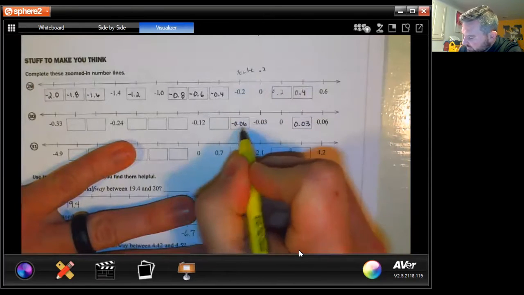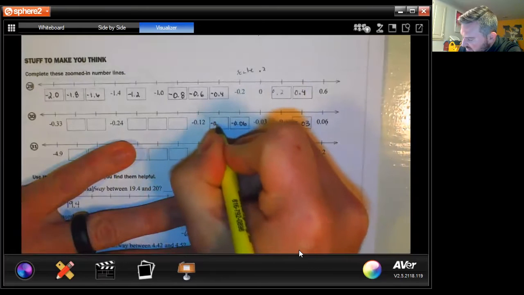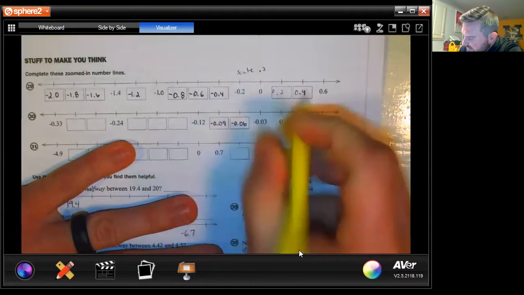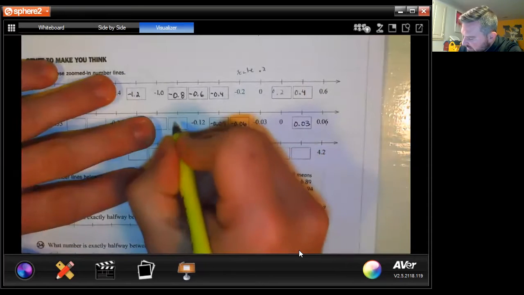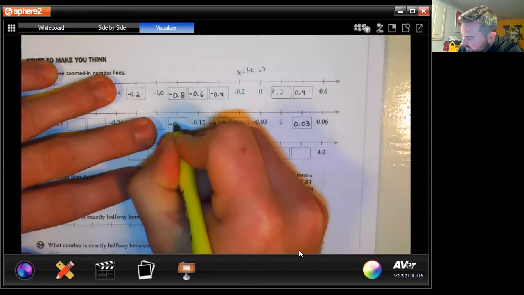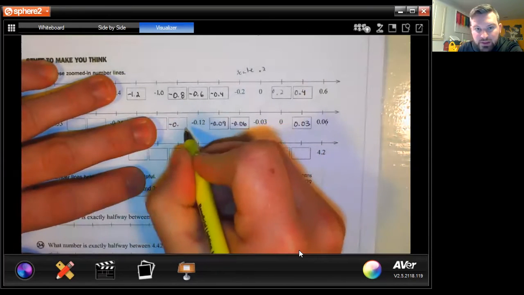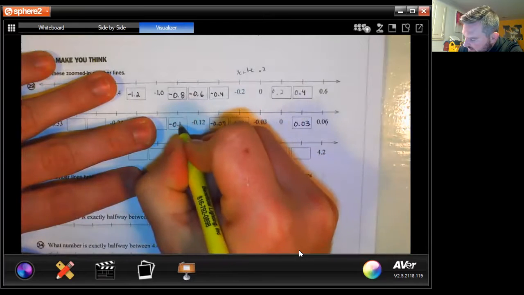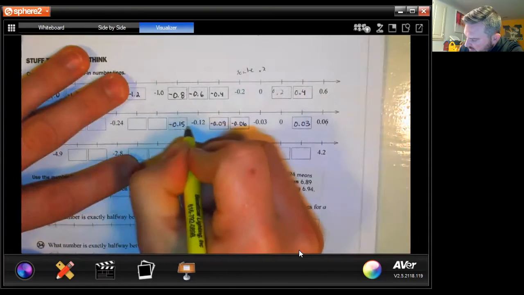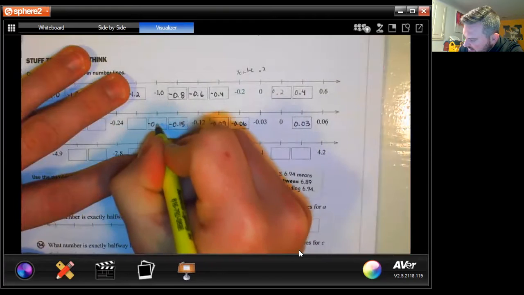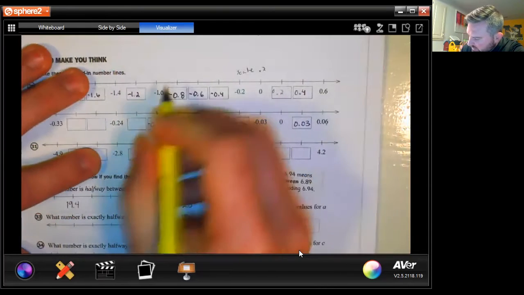If you go 3 more, that's negative 0.09. So you got the 3, 6, 9, 12. Then 12 would be 15, because we're going by threes here. 3 more would be 18.